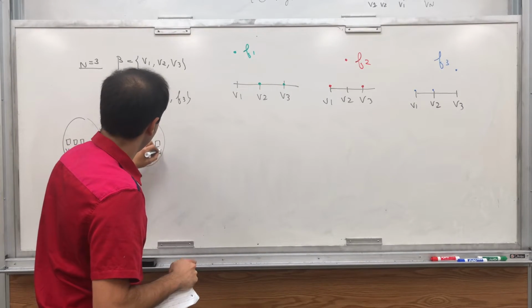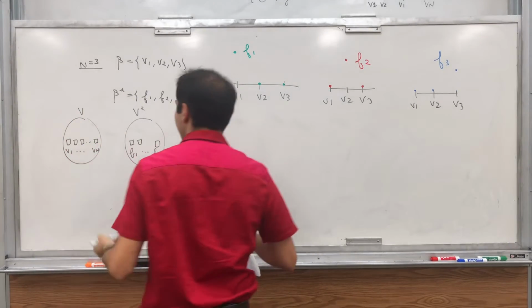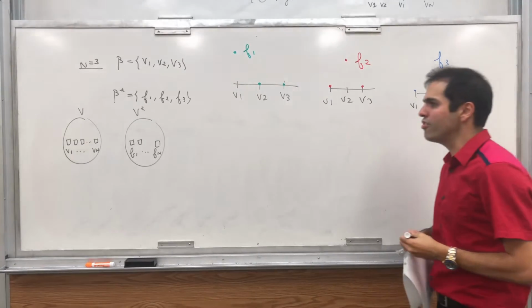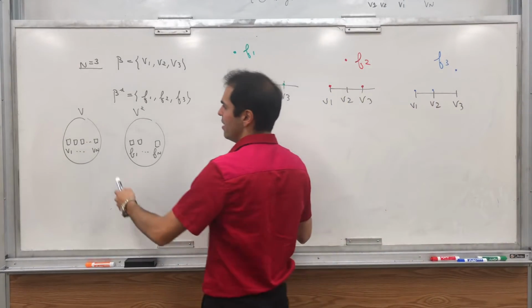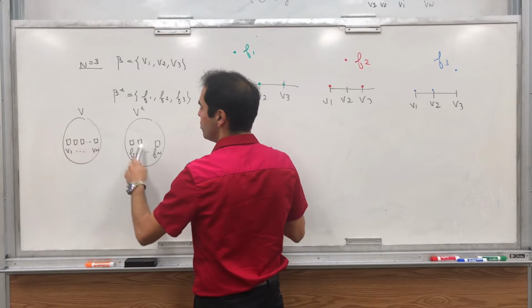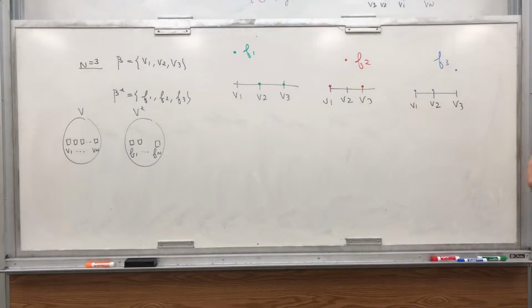In particular, to show V and V star are isomorphic, just find an isomorphism that takes v1 to f1, v2 to f2, etc., vn to fn.